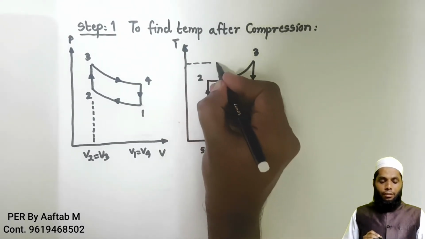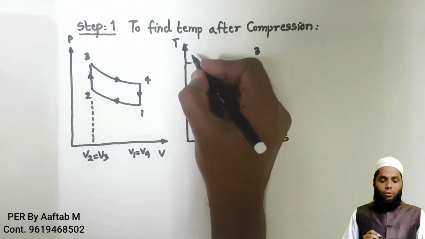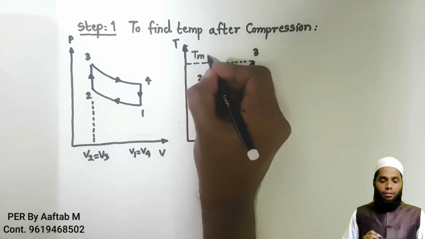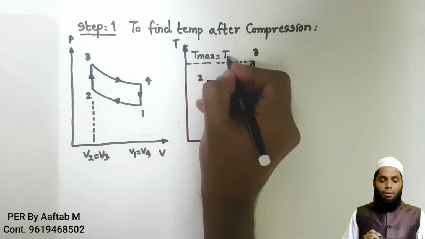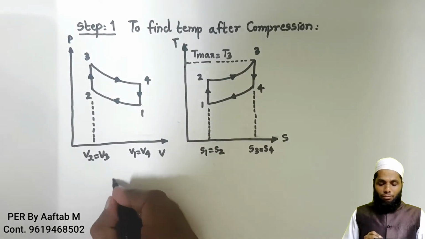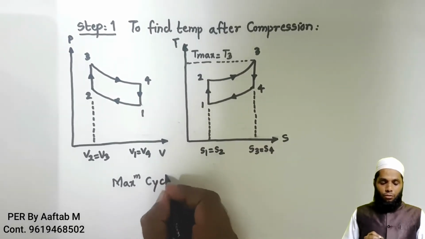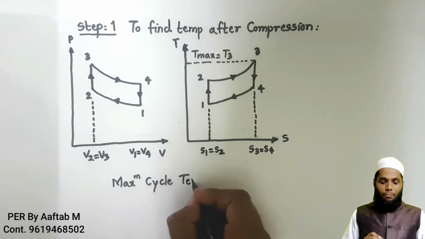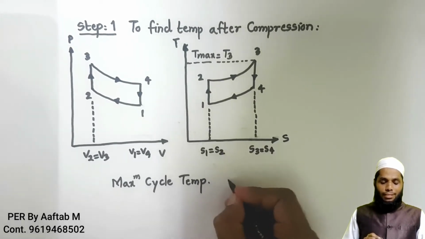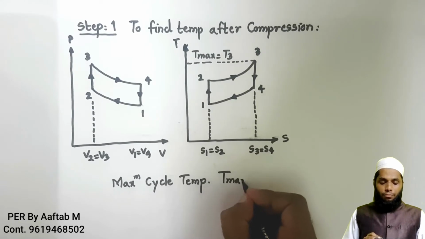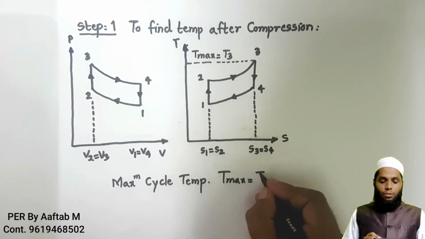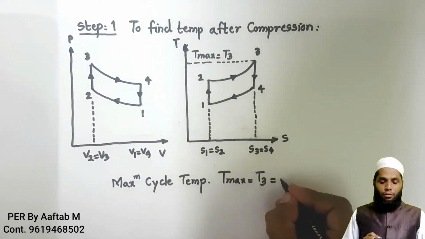So after drawing this TS diagram, we'll mark the region that is having maximum temperature. So maximum temperature of the cycle is T3. We'll write this maximum temperature of the cycle T3, which is to be found out.